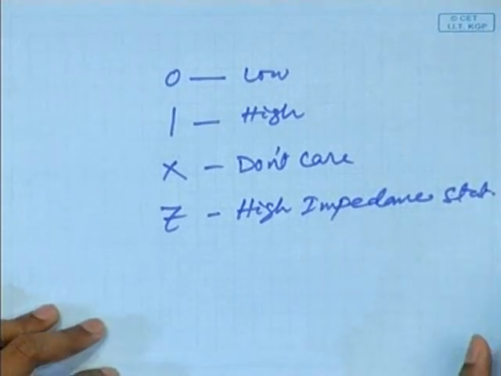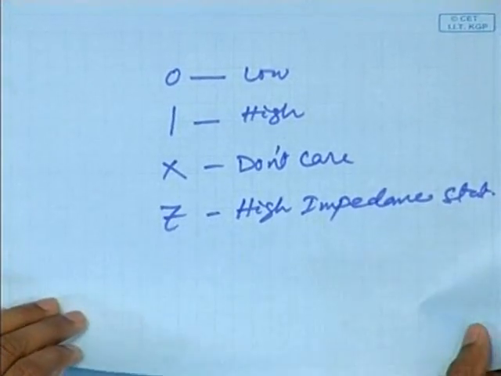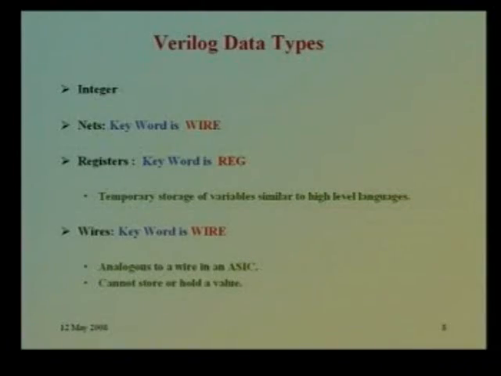Now, like the data types in C, integer and real, we have similar data types in Verilog. Some of them I have written here. If you declare an integer, you use the keyword integer. Similarly, we have nets, because you need to connect your components.